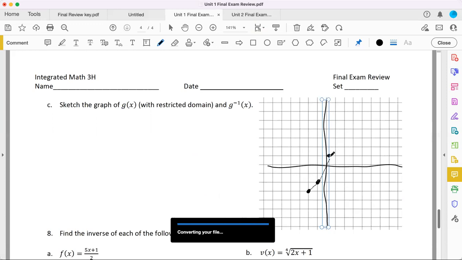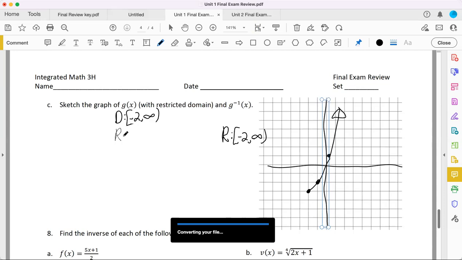So this is the normal g of x. We know that this domain is definitely going to be from where to where? Well, from -2 to infinity. And so that means that our range for the inverse is going to have to be -2 to infinity.